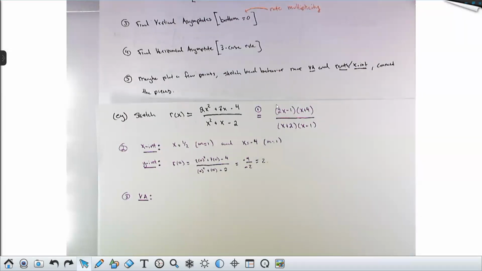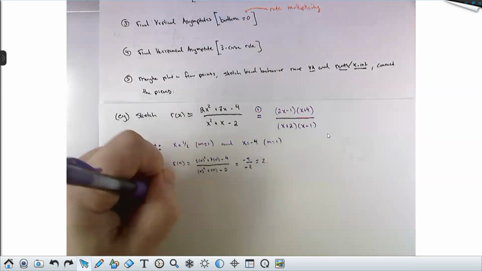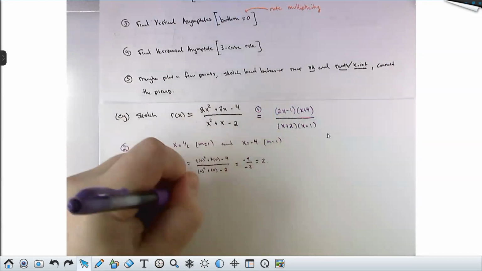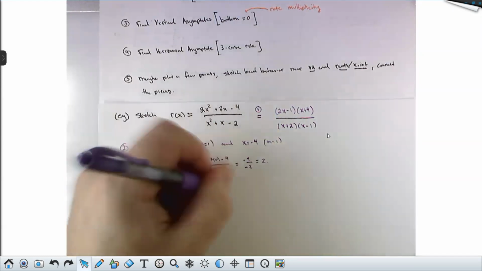Those are my x-intercepts, right? The x-intercepts come from the top. Where do the vertical asymptotes come from? -2 and 1. Yeah, very good. Those come from the bottom, right? Places where the bottom is 0. So that's going to be -2 and +1. And both again are multiplicity 1 factors.